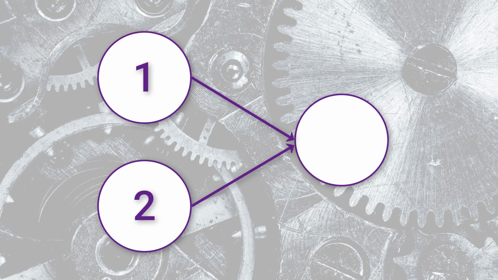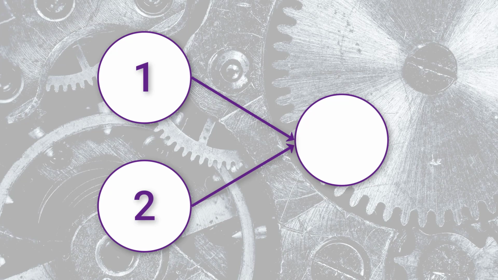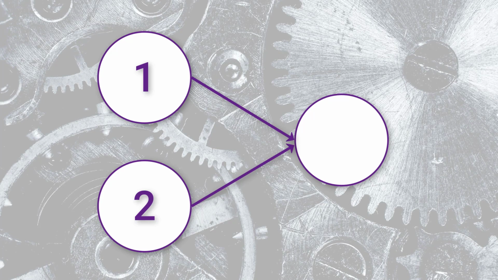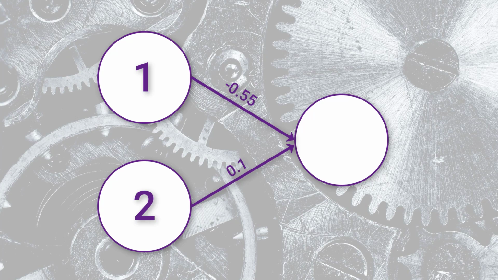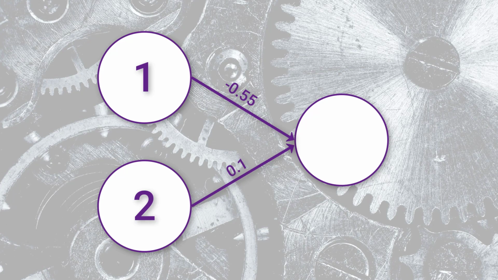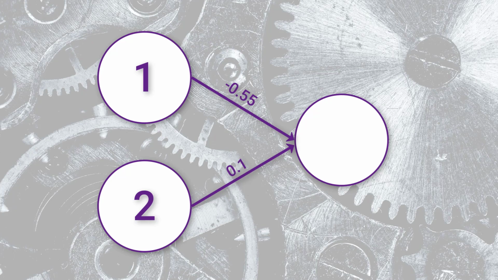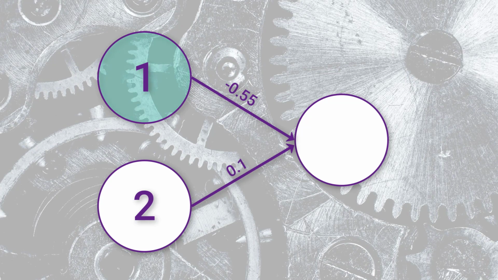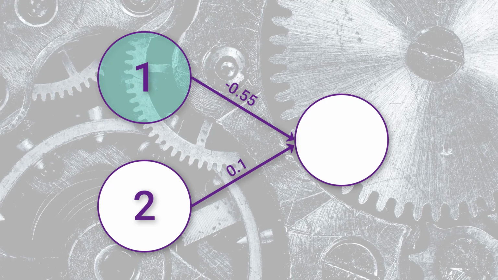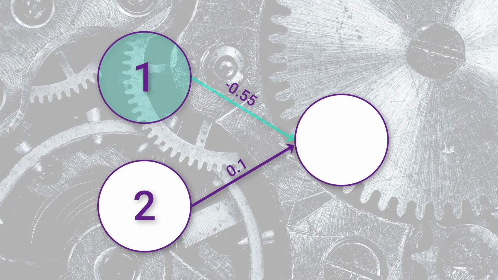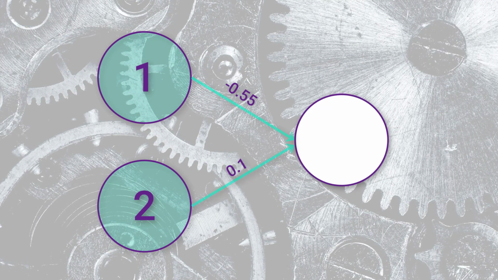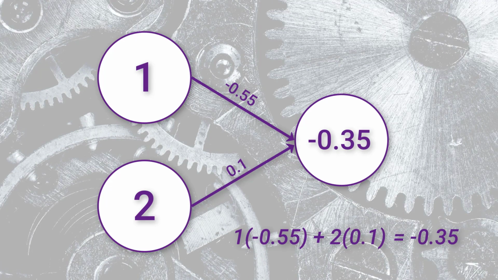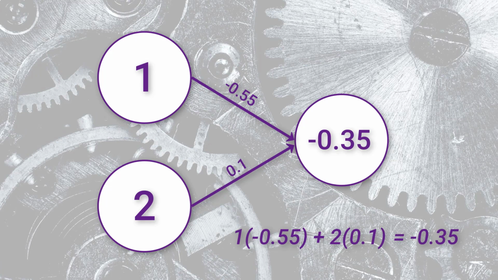The activation function we'll use for this first hidden layer is ReLU, and we're going to assign some randomly generated weights to our connections here. Let's first see what the output of this node would be without introducing any bias. The weighted sum that this node receives is equal to 1 times minus 0.55 plus 2 times 0.1, which equals minus 0.35. Now, we pass this result to ReLU.